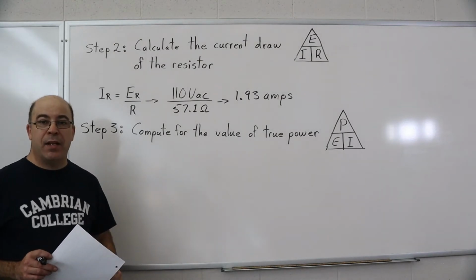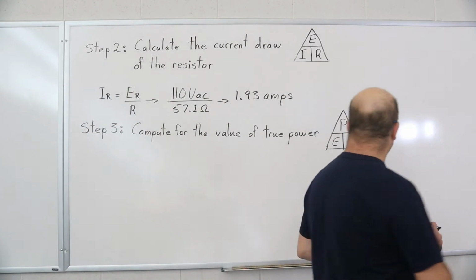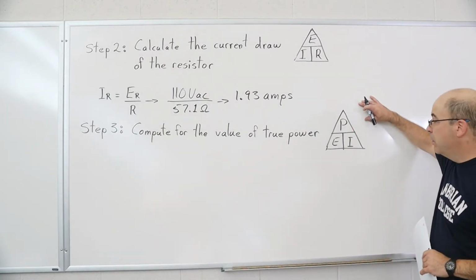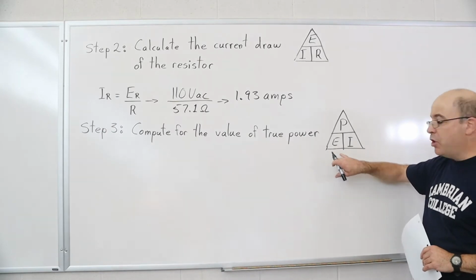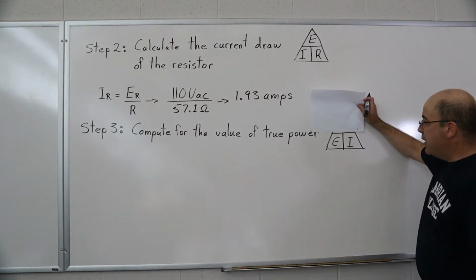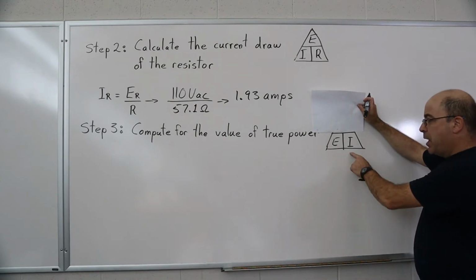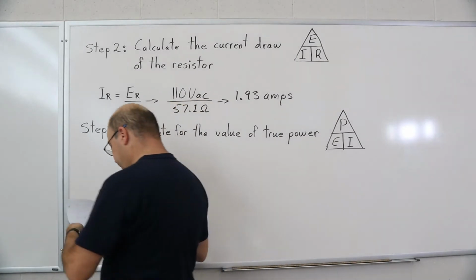the resistive branch. We're still using elements of Ohm's law, where the power is equal to the value of voltage multiplied by the value of current. So if we cover up the P, it's E times I. That gives us the following formula.